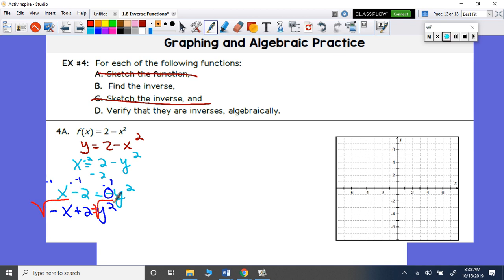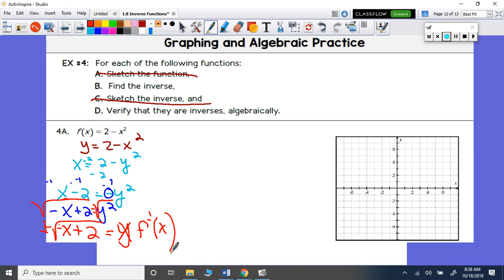Okay, and then I'm going to square root it. Absolutely. Why wouldn't you put square root bar and then it is. You are one step ahead of me. And again, you could just go straight to that's your inverse.